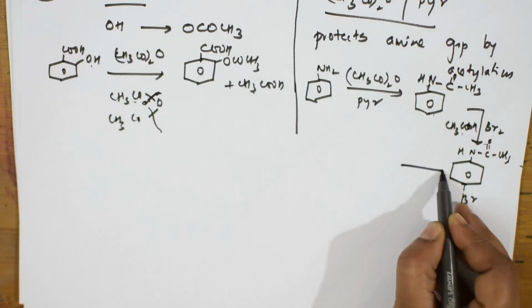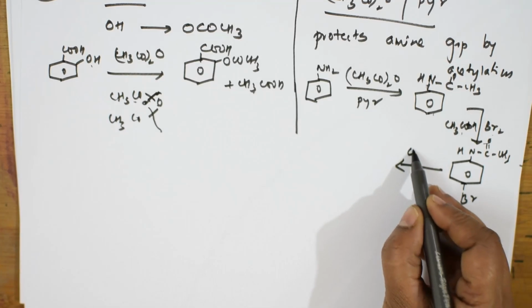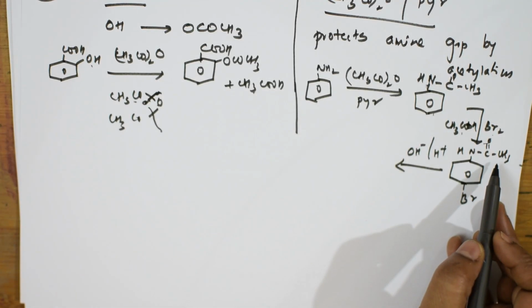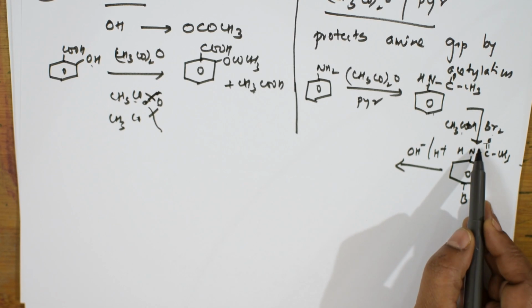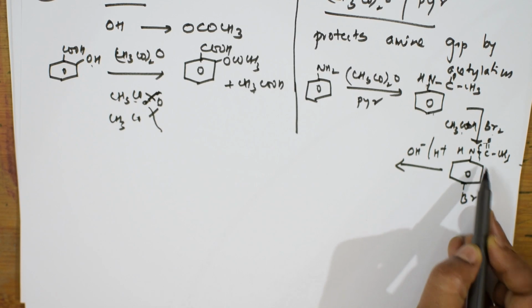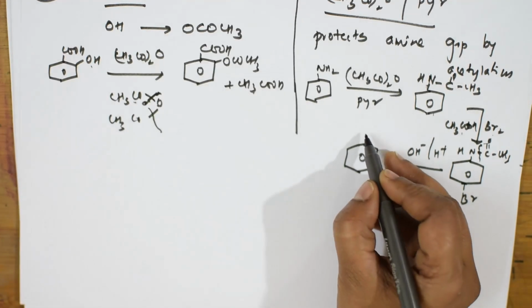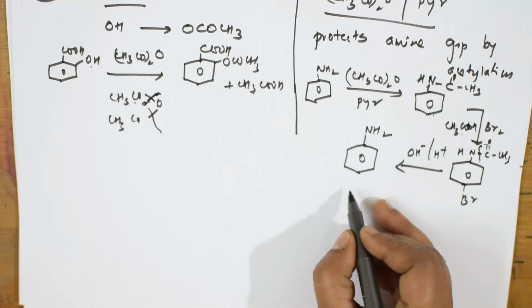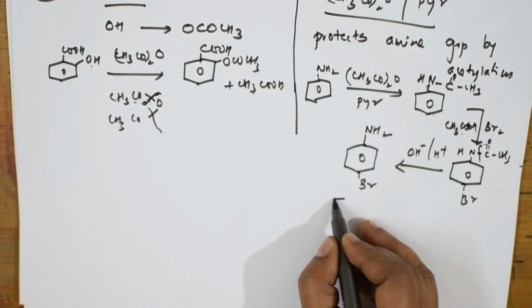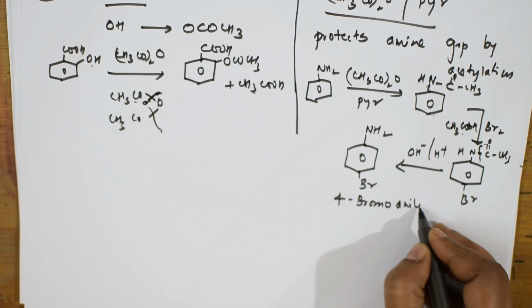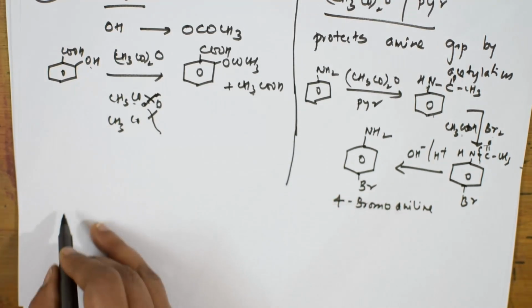Further, if you use OH minus or H plus, there is a cleavage of the bond here. What do you get? You get a product that is NH2 with Br. This is 4-bromo-aniline.